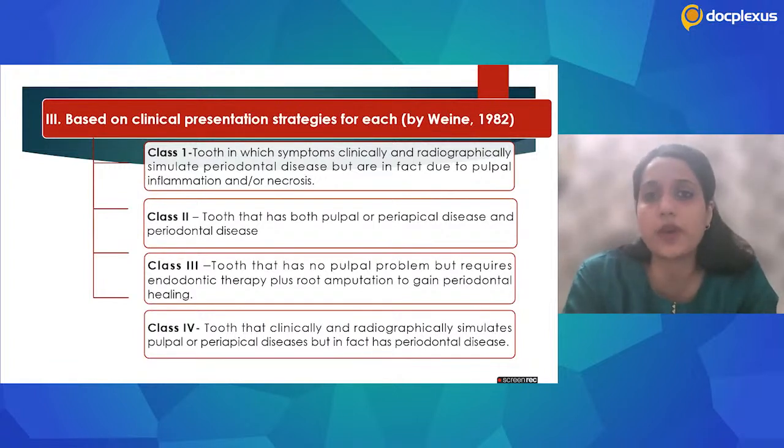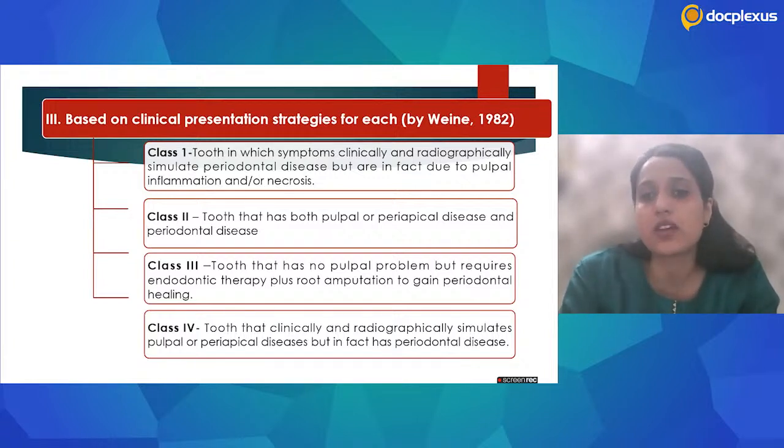The third classification is by Weine, and he gave us four classes. Class 1, tooth in which symptoms clinically and radiographically simulate periodontal disease, but are in fact due to pulpal inflammation and/or necrosis. Class 2, that has both pulpal or periapical disease and periodontal disease. Class 3, tooth that has no pulpal problem, but requires endodontic therapy plus root amputation to gain periodontal healing.